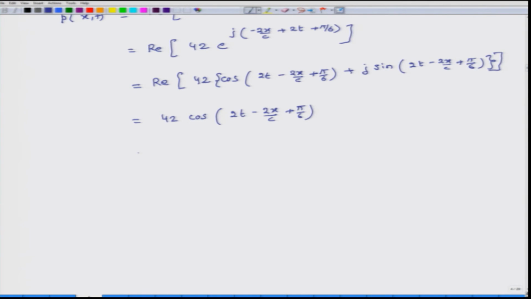So, I can rewrite pressure in the tube, and I can write it as 42 cosine 2 t minus x over c plus pi over 6.